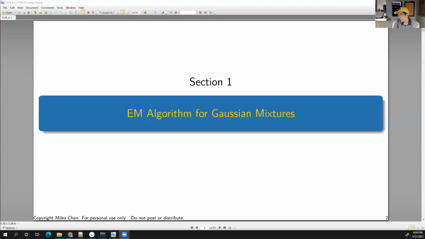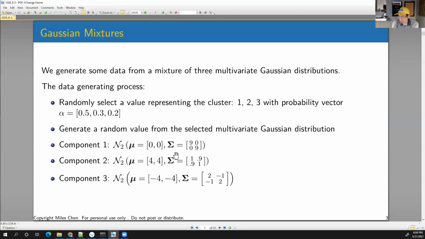So let me start off with creating a Gaussian mixture, okay? A Gaussian mixture is basically a distribution of points, and the points themselves come from a mix of different multivariate normal distributions.